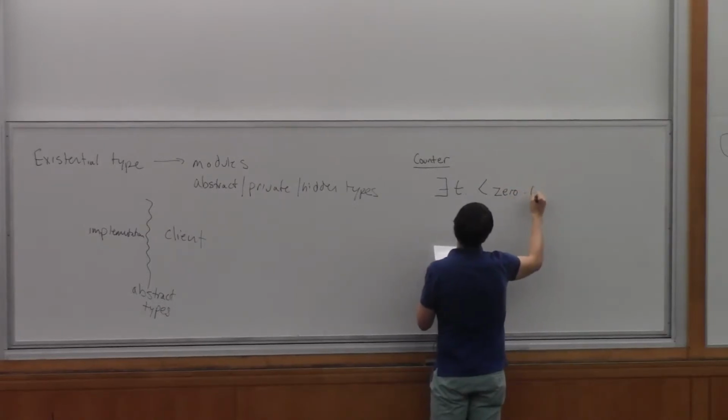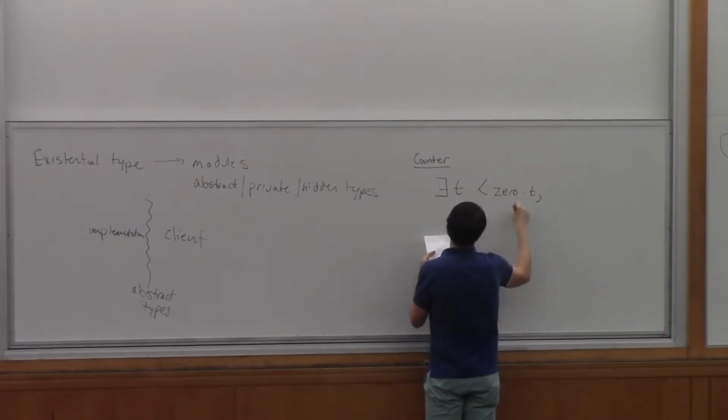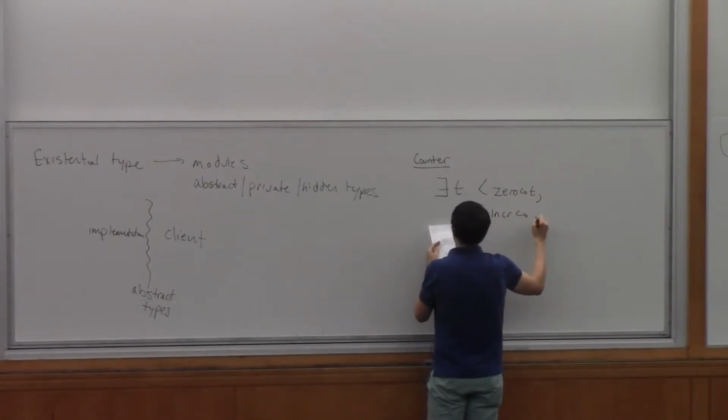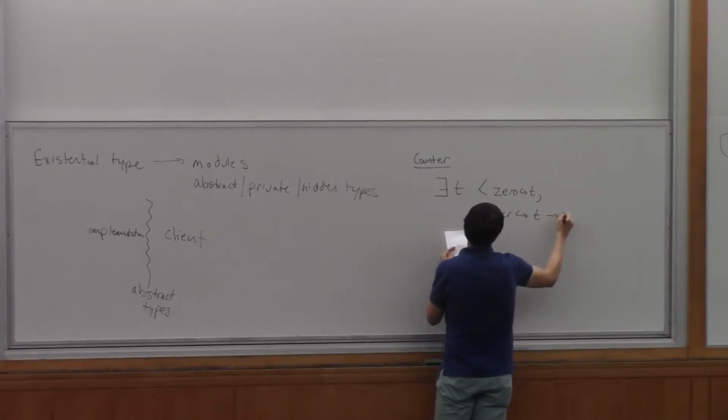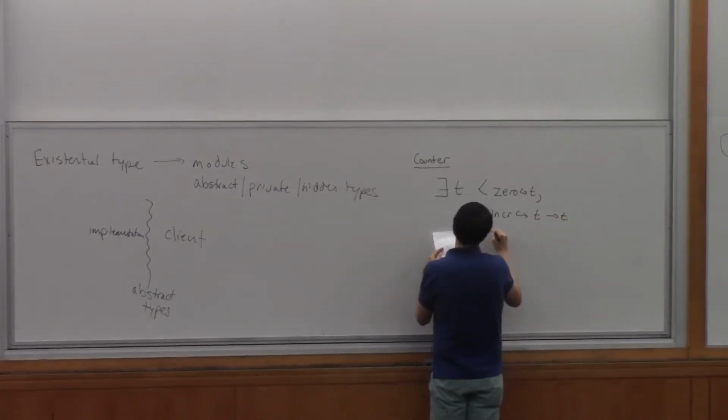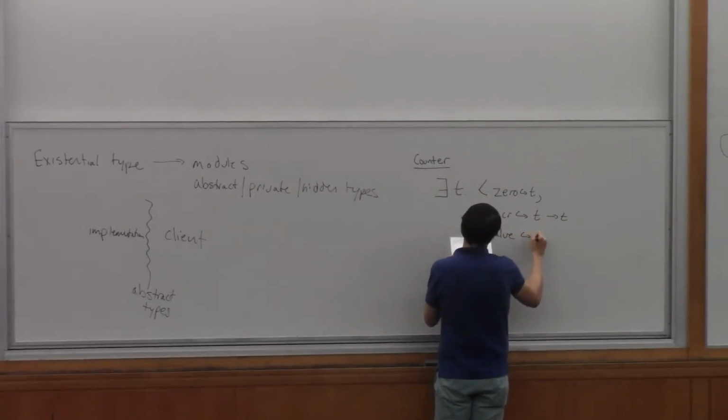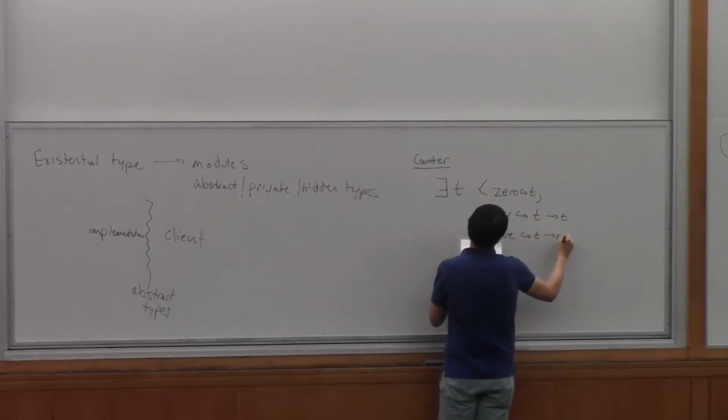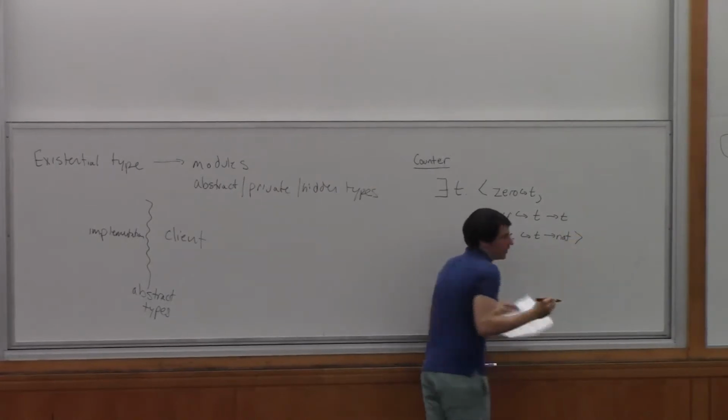Zero is a T. I guess use that notation. Increment takes a T to a T, and value takes a T to a nat.